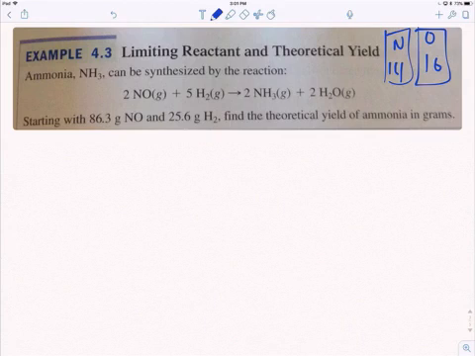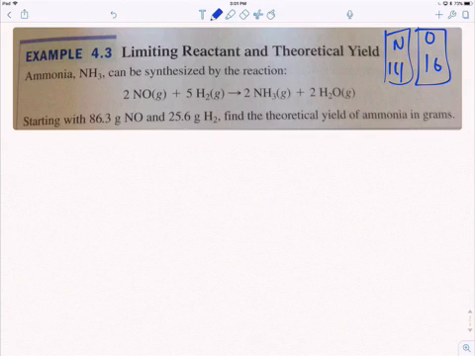Like when you drive your car, it runs off of fuel and oxygen. You don't worry about the atmosphere running out of oxygen. You worry about your car running out of fuel. So it's a limiting reagent problem, but the other reactant is in such excess that you don't have to worry about it.